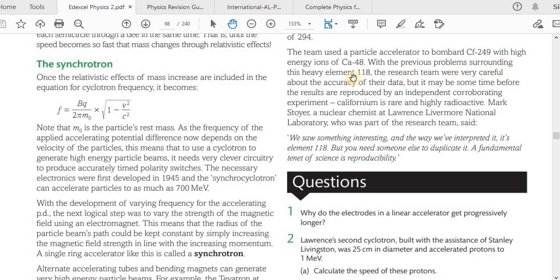With the previous problem surrounding this heavy element 118, the research team were very careful about the accuracy of their data, but it may be some time before the results are reproduced by an independent corroborating experiment. Californium is rare and highly radioactive.